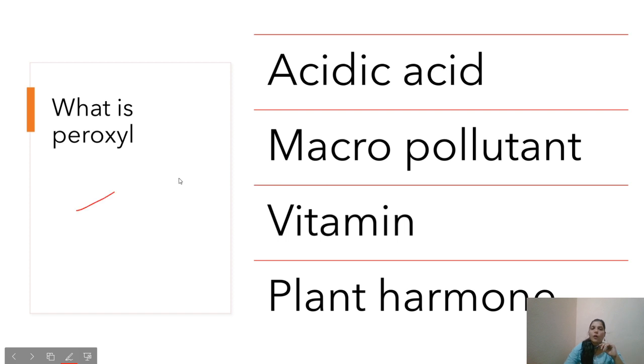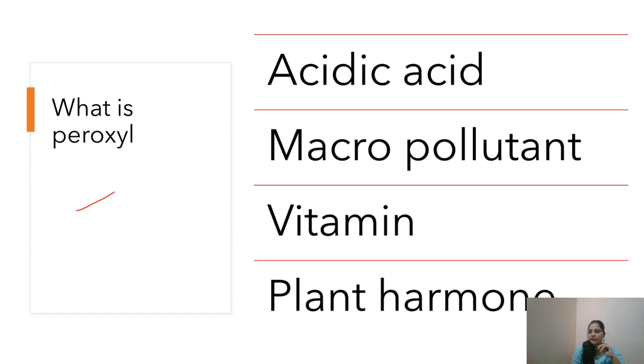Now next question, what is peroxyl? See, the options are acetic acid, macropollutant, vitamin, plant hormone.